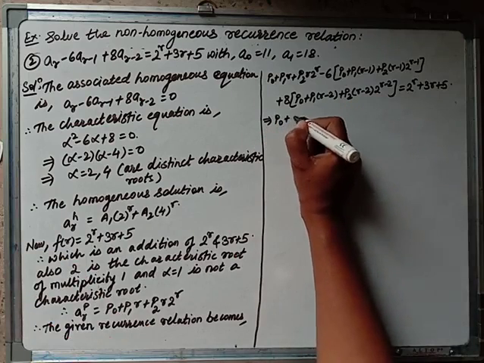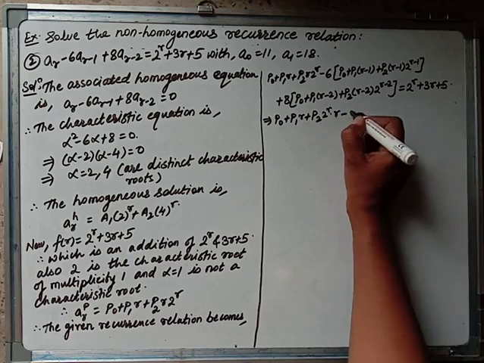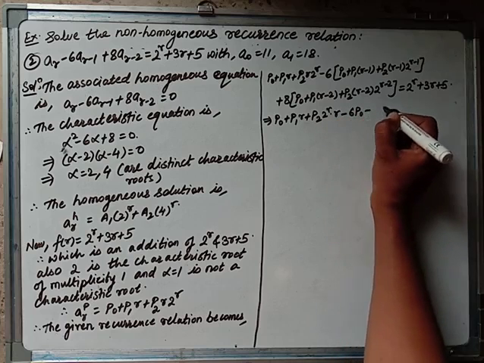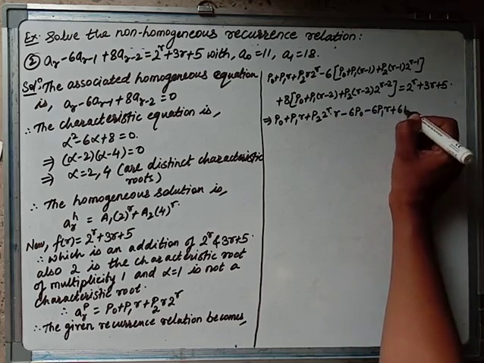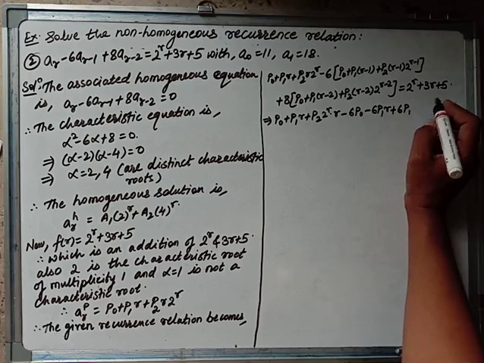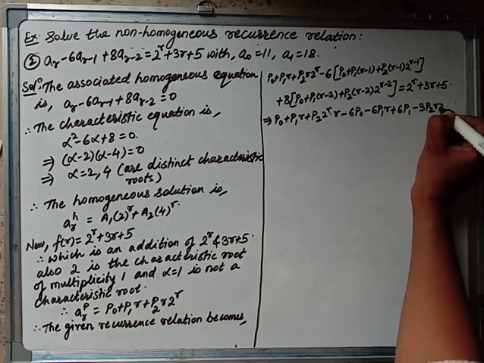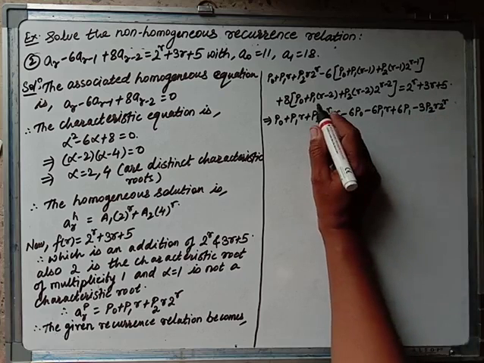P0 plus P1 r plus P2 2 raised to r into r, minus 6 P0 minus 6 P1 r plus 6 P1 minus 3 P2 r 2 raised to r. Okay.